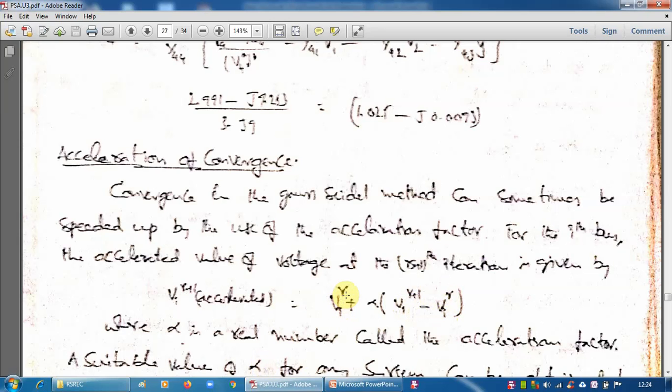Like that, we can modify and then substitute in the successive iterations.